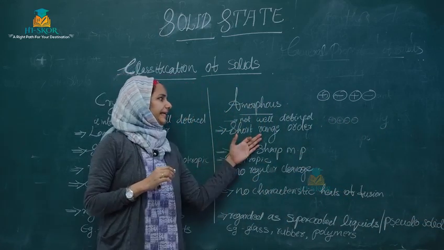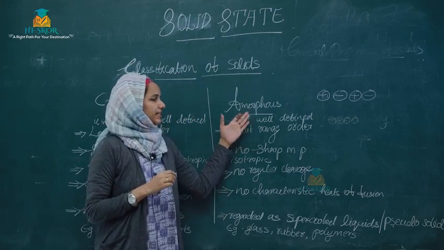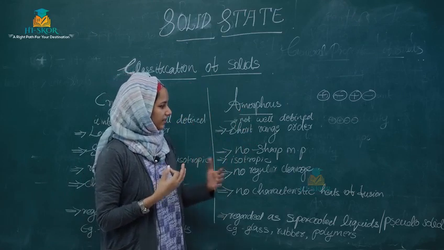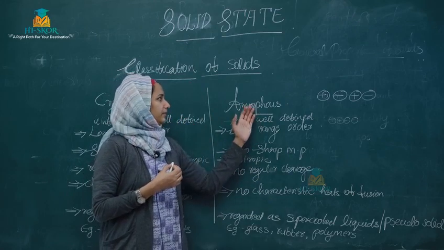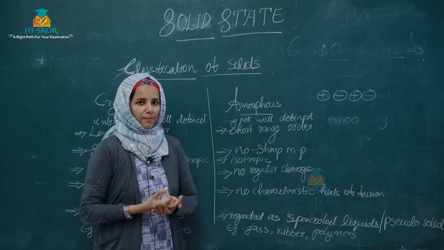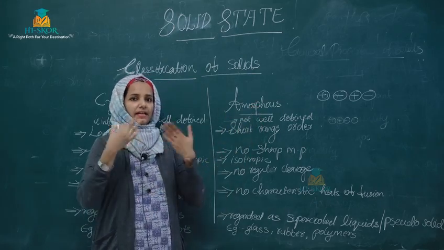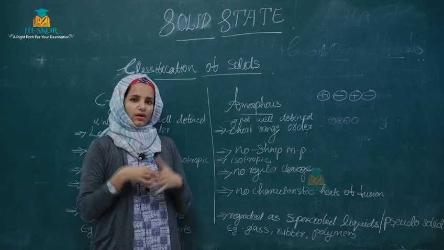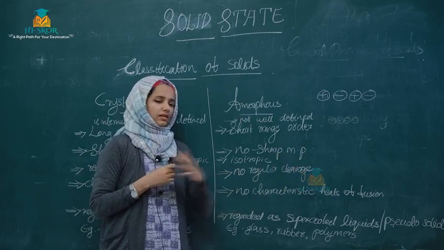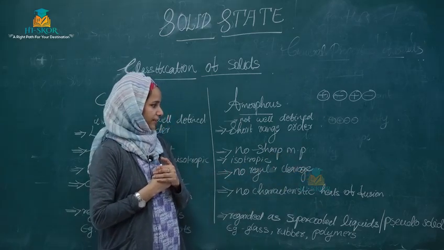Because by seeing it we can think that it is a true solid. But when you heat them, what will happen? It is converted into its liquid form. When you cool again, it comes back to its solid form. But they are not true solids. Such substances are called pseudo solids.